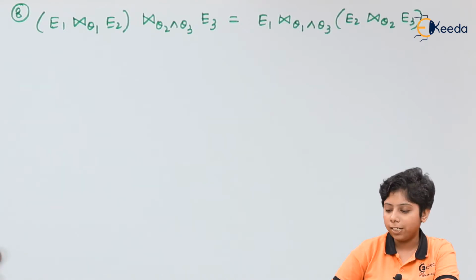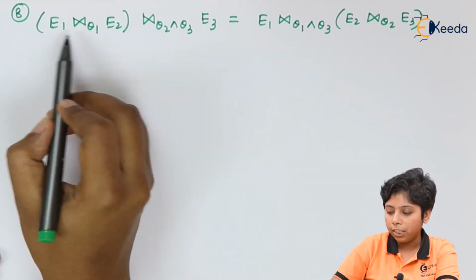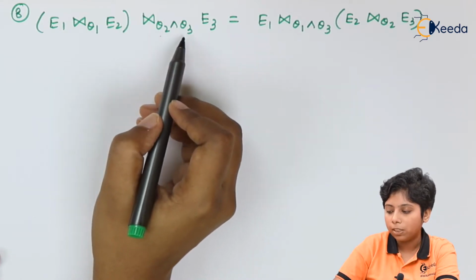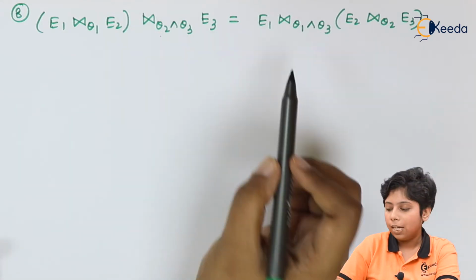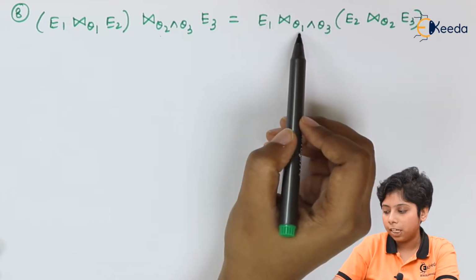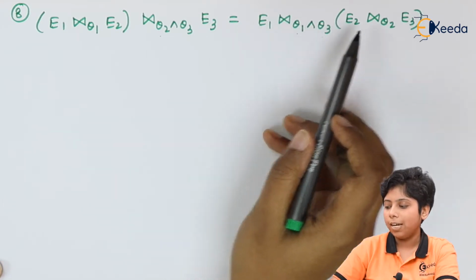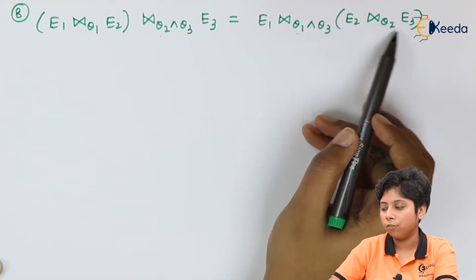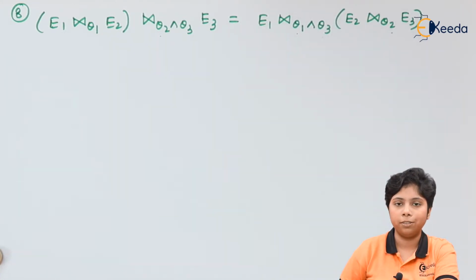See here, we have made the theta 1 join of E1 and E2, and then joined the conjunction of theta 2 and theta 3 with E3. Now we can have E1 conjunctive with theta 1 and theta 3, and finally we can have this conjunction with the theta join on E2 and E3. Now how can we write this one?